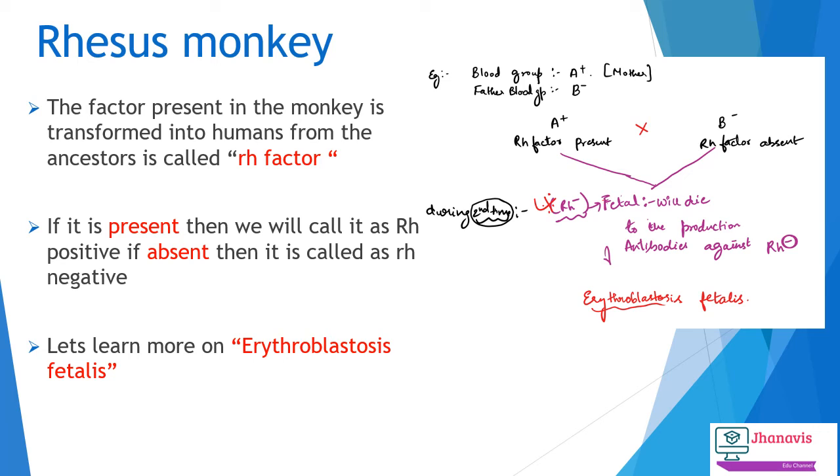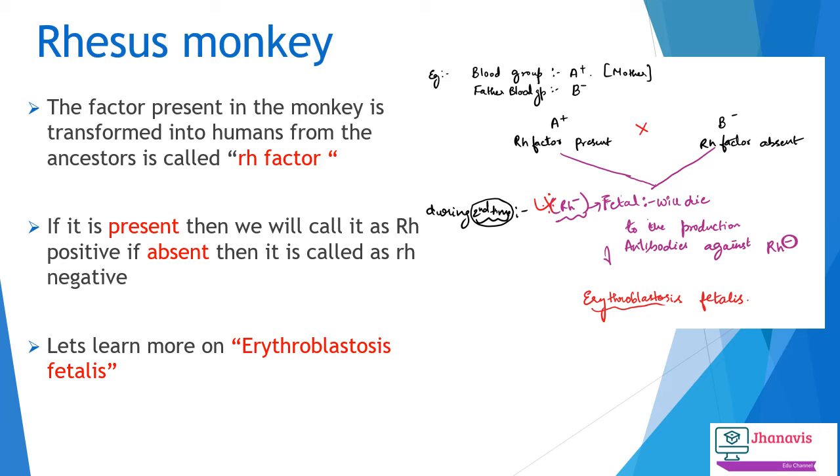The placenta will not allow the mixing of the blood between the fetus and the mother. So the child or the fetus does not come into contact with the mother's blood till the delivery. The first baby doesn't have any problem with this condition.